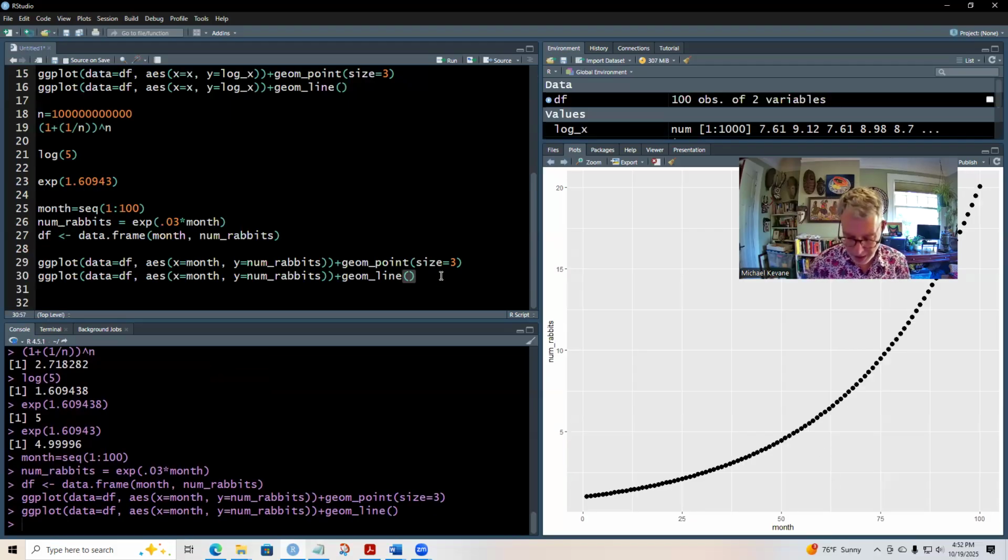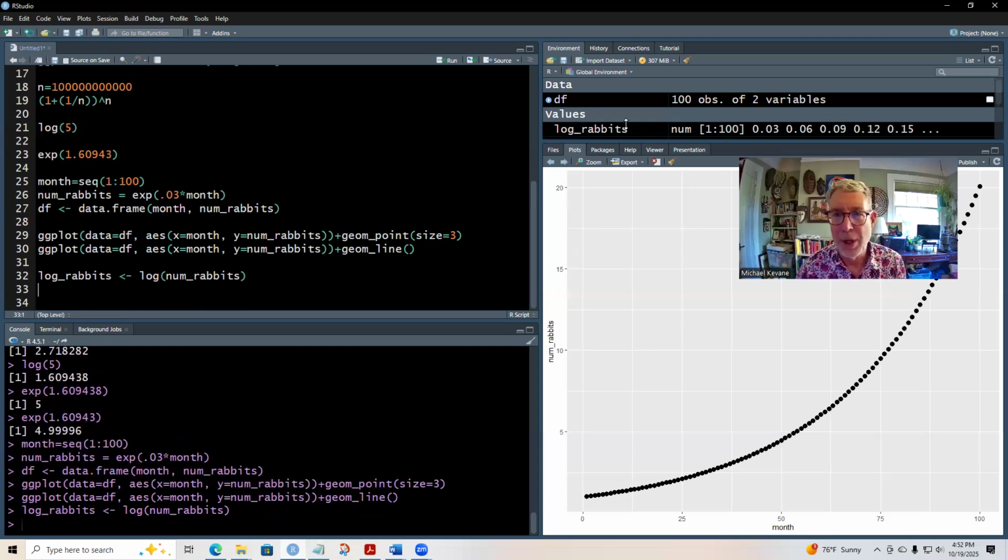So let's take the log of this function. We'll say the log of rabbits, call it the variable log of rabbits, is equal to the log of the number of rabbits.